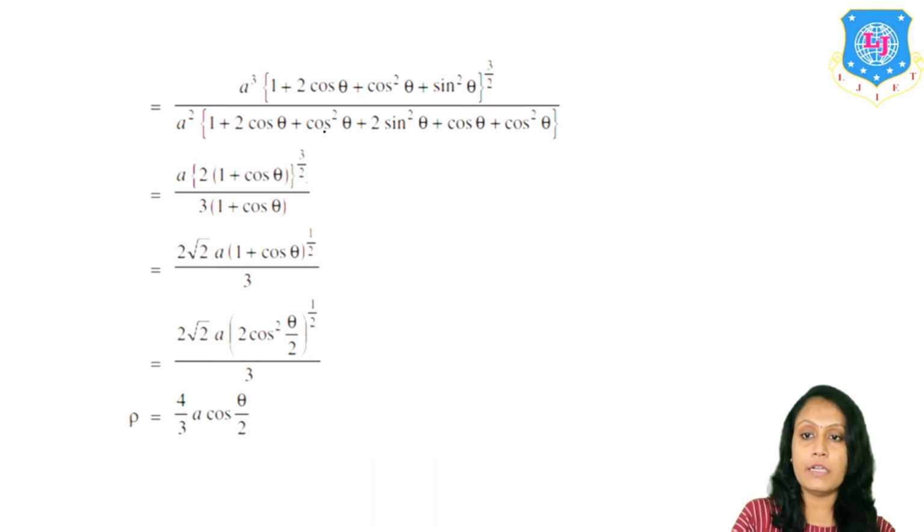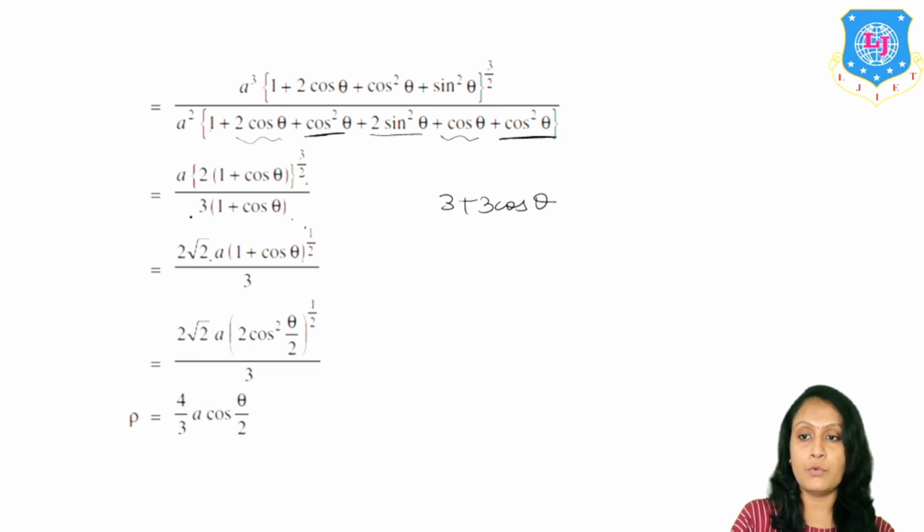Now again in the denominator, this is cos square theta, this is cos square theta, so 2 cos square theta and 2 sin square theta, right? So we can take out 2 common, and with this plus 1 it will give you 3. Now over here we have 2 cos theta and again 1 cos theta, so plus 3 cos theta. We can take out 3 common, so in the denominator we have (1 plus cos theta), right? Now here 2 raised to 3 by 2.